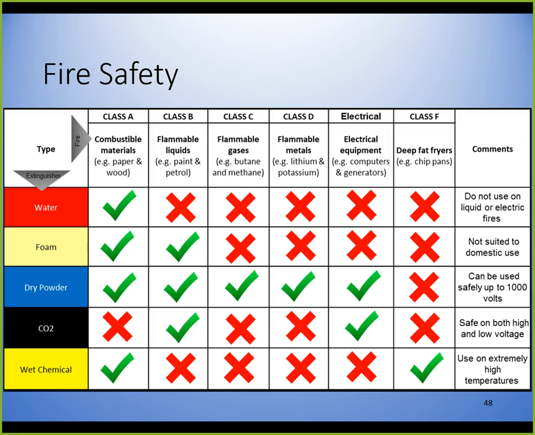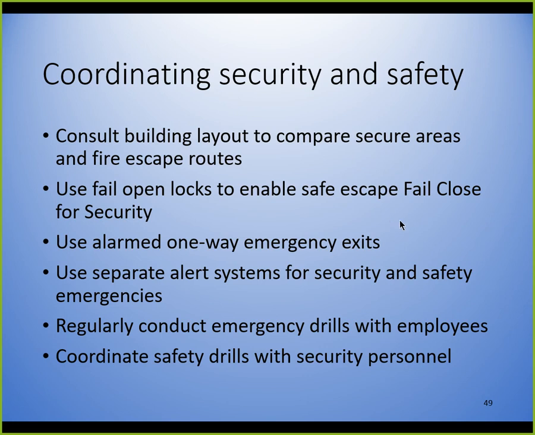Is it one of the preferred methods? Not really. And then for Class D, the dry powder, lithium, potassium, dry powder, purple K. Sand is also one of the Class D fire suppressants that you can use. Class F, deep fat fryers, we're going to use wet chemicals on it when we do those. And then the comments are available here.